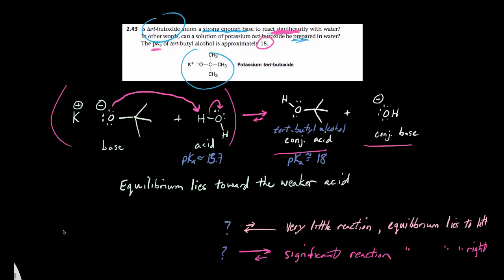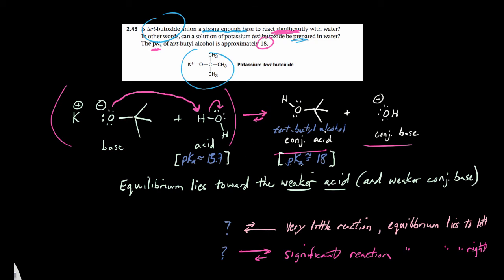The equilibrium lies toward the weaker acid, and by definition, the weaker conjugate base. Remember, in this case, this is the weaker acid because it has a higher pKa than this one. So if this is the weaker acid, its conjugate base has to be stronger than this one.